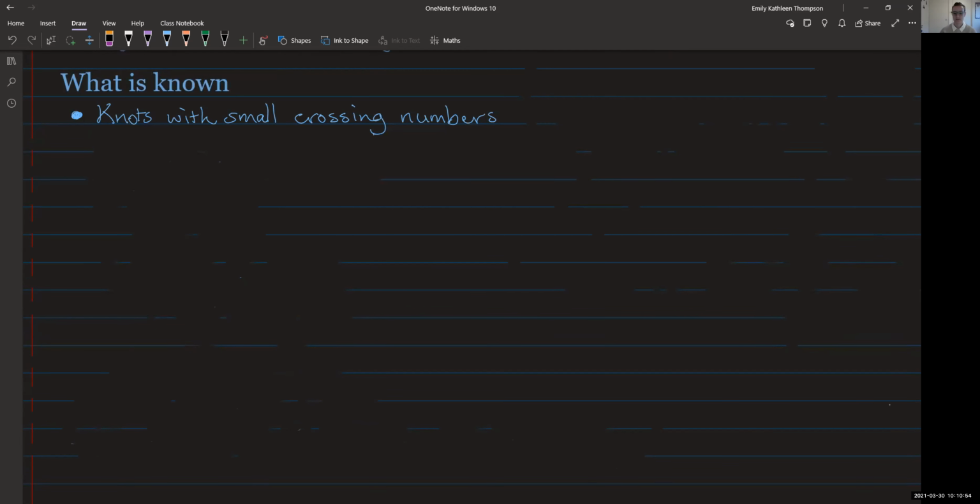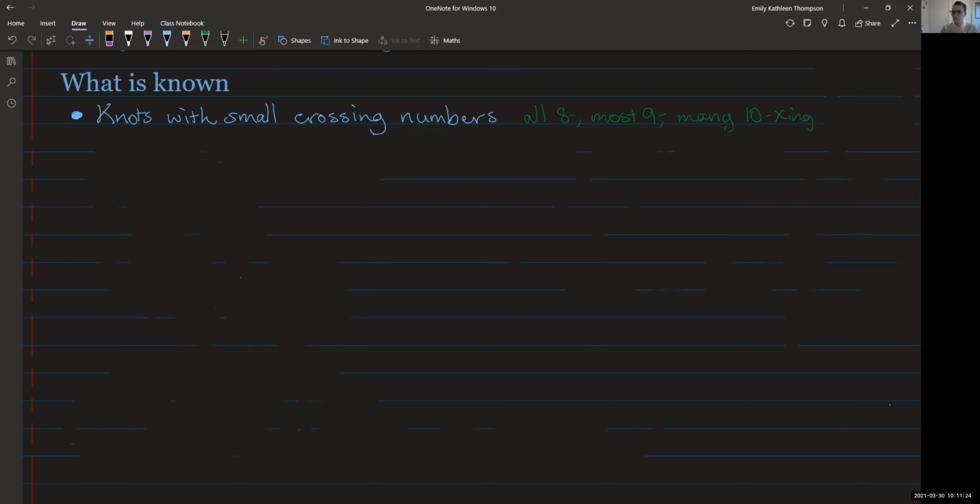Your system of equations comes from making sure that the relations hold. As you get more crossings, you get many more equations, and that makes it hard to calculate. When I say small crossing numbers, I mean we know the A-polynomials of all knots with up to 8 crossings, most of the knots with 9 crossings, and many of the knots with 10 crossings, but not all.